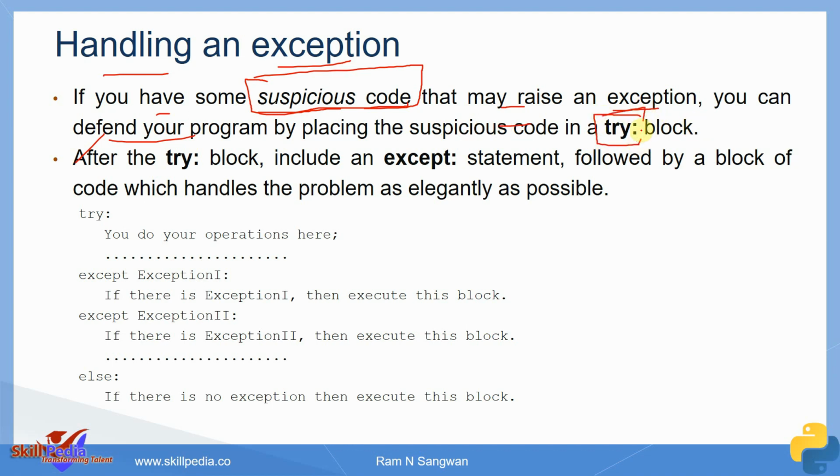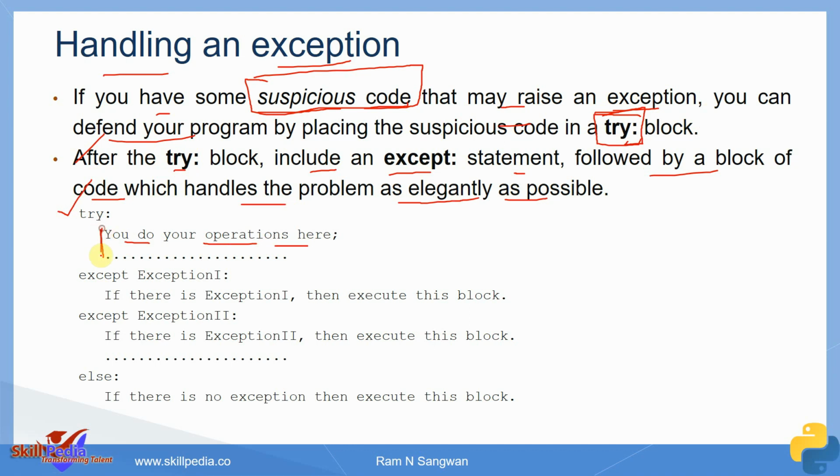So try followed by colon, and then you put your entire code inside that block. After the try block, include an except statement followed by a block of code which handles the problem as elegantly as possible. So this is the syntax of how we use it. Try, and then you write your program operations here, what normally you would do.